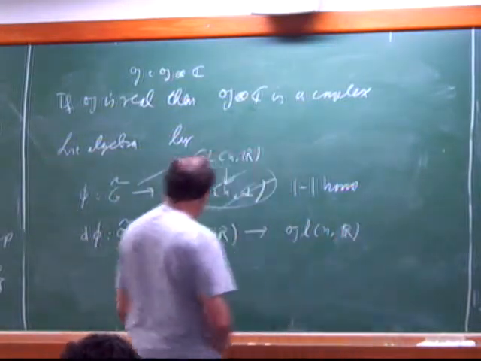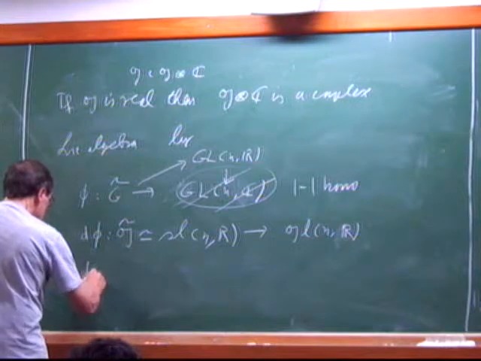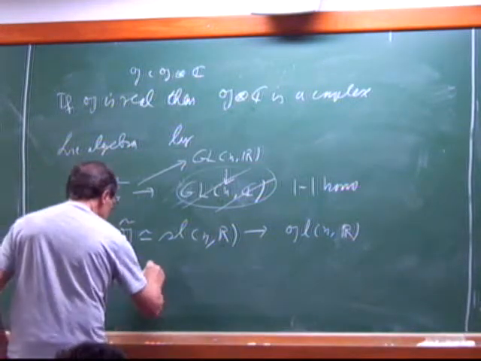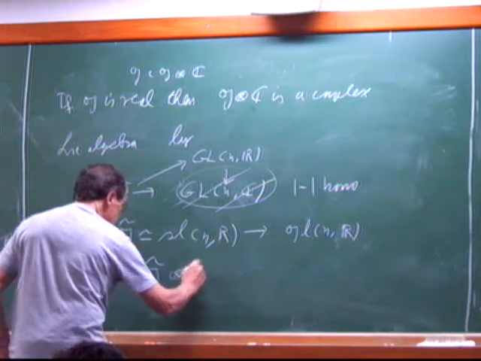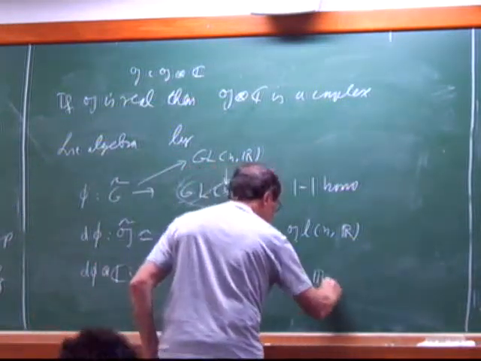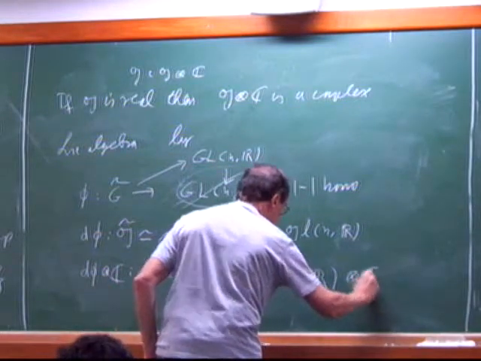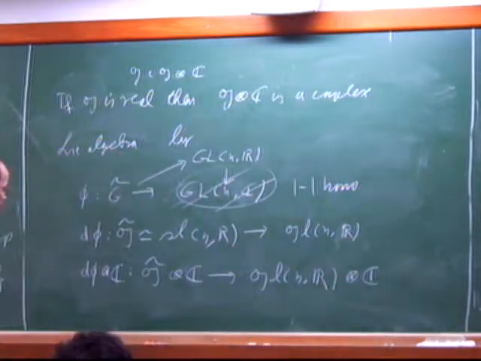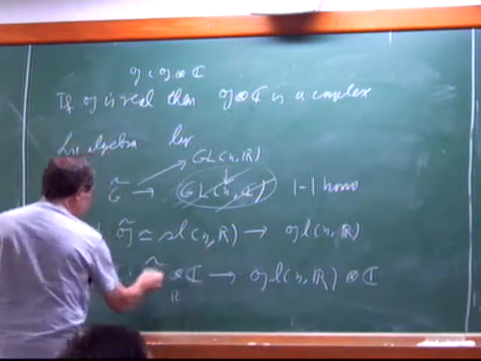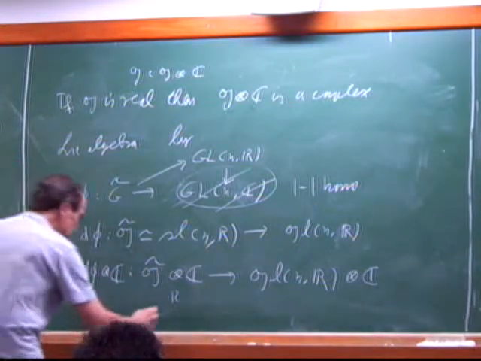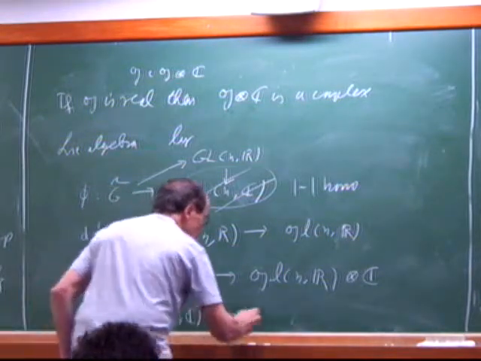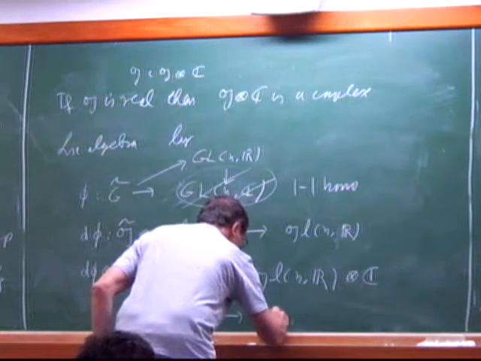It'll be simpler. So I can complexify. From G tilde tensor C into GL(n,R) tensor C. What's G tilde tensor C? Well, this is sl(n,R). Right? So complexifying I get sl(n,C). And this complexified is gl(n,C).